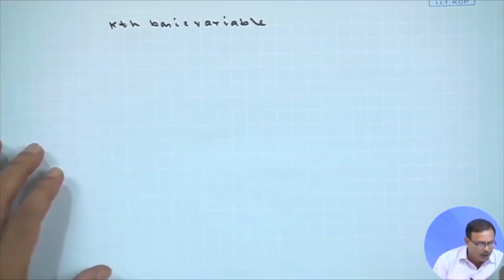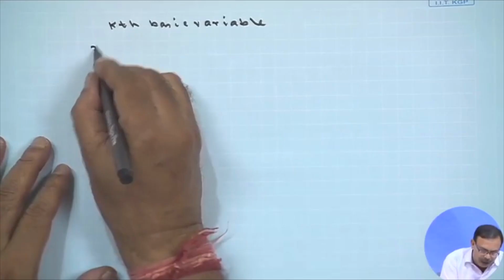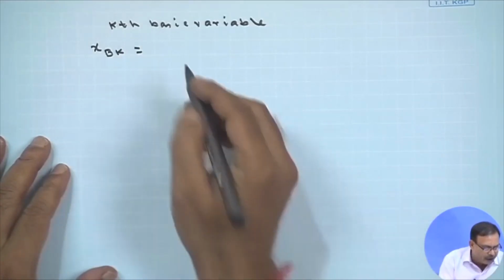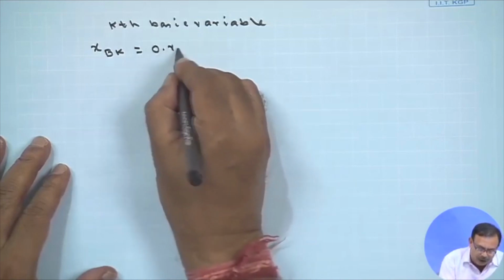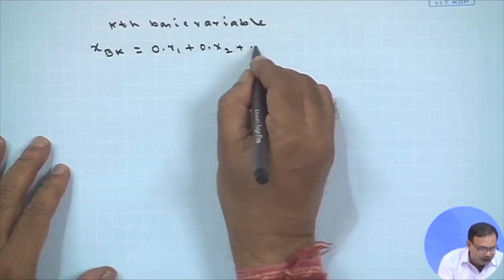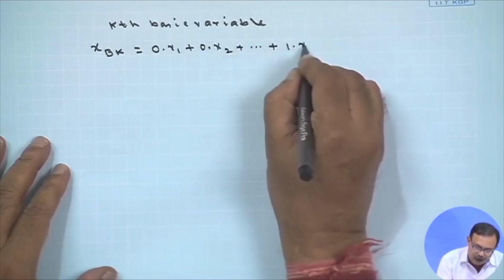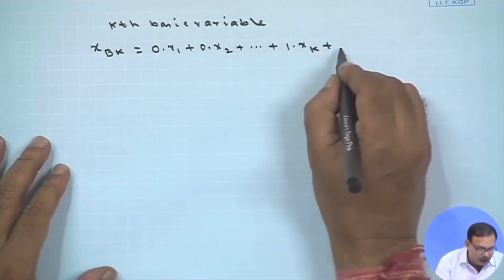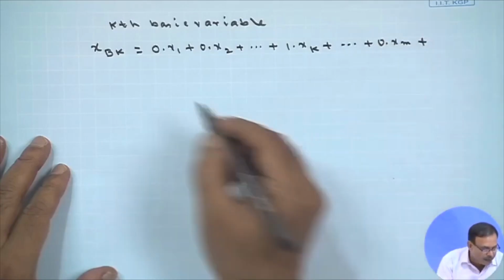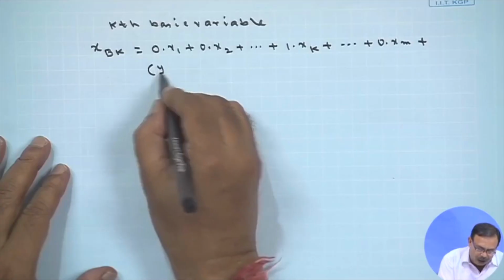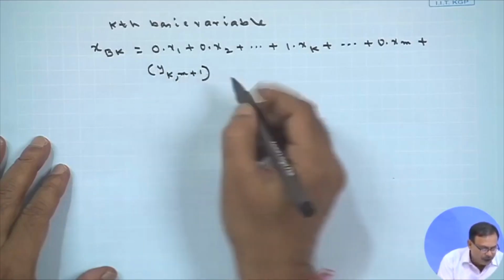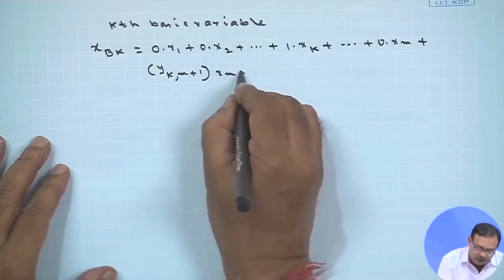Kth basic variable corresponds to the non-integer value in the solution. That means, you have some value xbk, which takes some value like this: 0 into x1 plus 0 into x2 plus, in that way, 1 into xk, plus 0 into xm, plus we are writing yk, m plus 1 into xm plus 1.